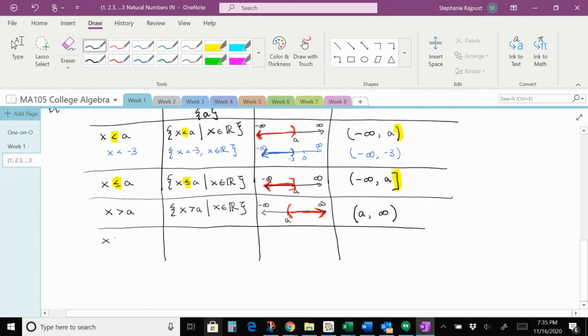And when this changes to greater than or equal to, we just have minor changes. Minor changes in our set builder notation. Minor changes in our graph, where the parenthesis turns into a bracket. And then we'll have minor changes in the interval notation.